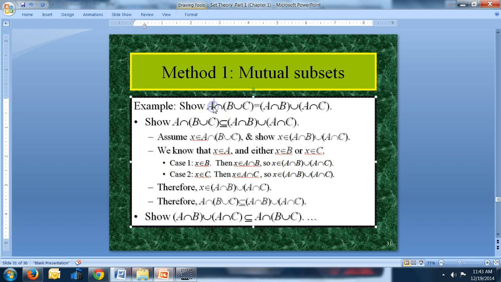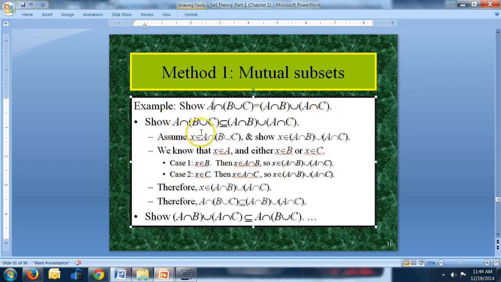You have A intersect with, in parentheses, the union of B and C. So the left hand side says A intersect with B union C. The right hand side would be A intersect with B, union A intersect with C. For instance, in multiplication, 5 times (2 plus 6) is the same as 5 times 2 plus 5 times 6.